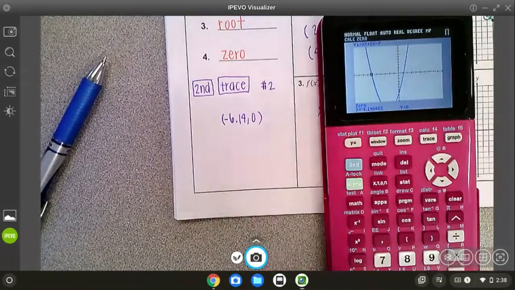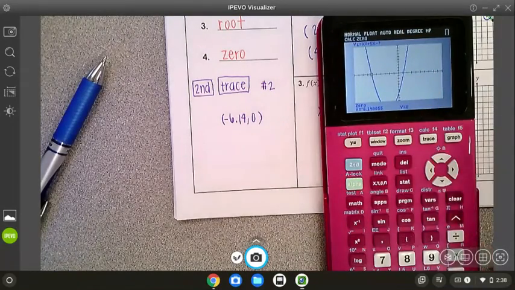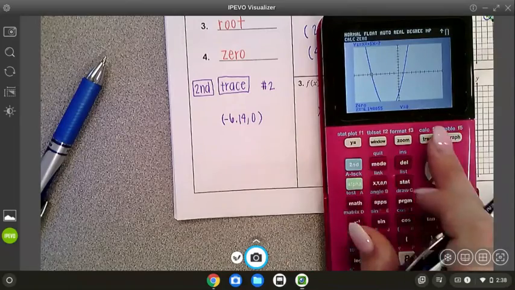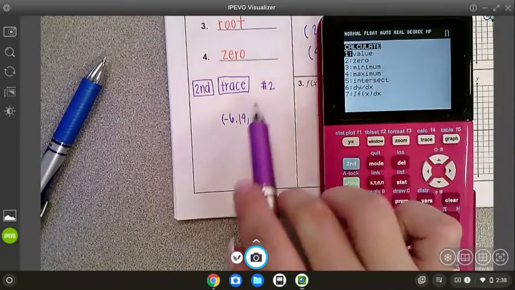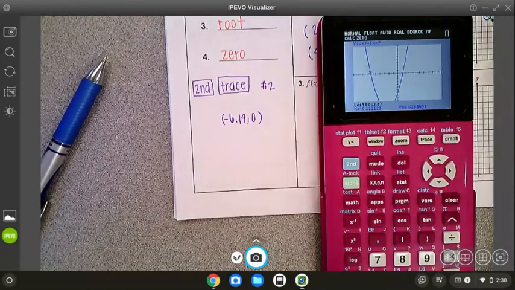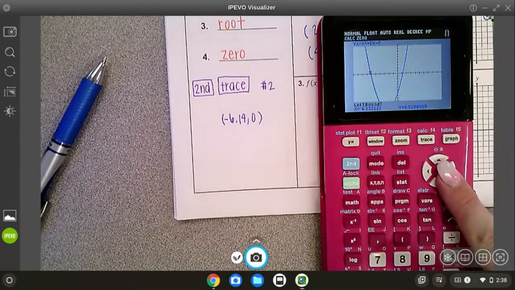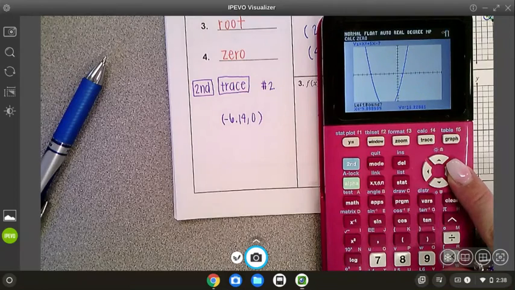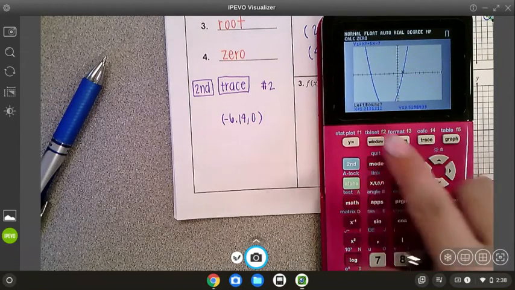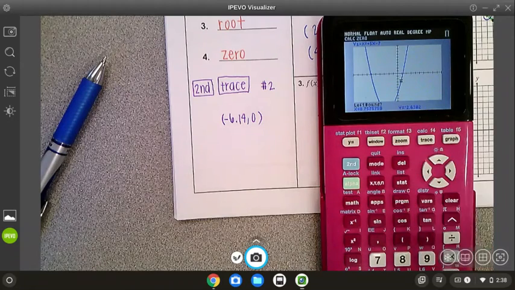Let's try this again, but let's go to our other one. We have to go back to second trace, and we're clicking on number 2. Okay, so we're going to go to this x-intercept. So I'm going to get it as close to that x-intercept as I can. And then I'm going to go left just a few clicks, 2 or 3 clicks left.